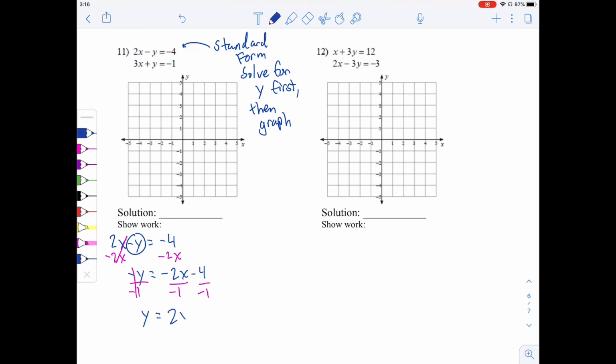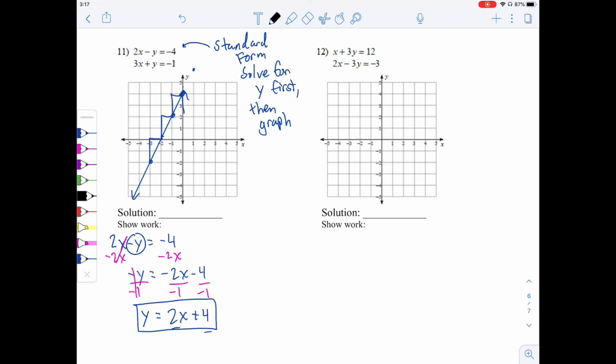So y is equal to positive 2x plus 4. This is the first equation that we're going to graph. So we start at 4. Slope is 2. Up 2, right 1, or down that way. Follow the pattern. Draw our line. And we have our graph for that one.